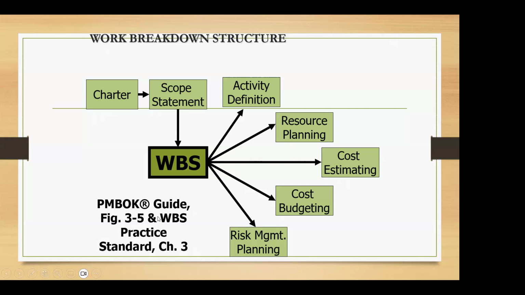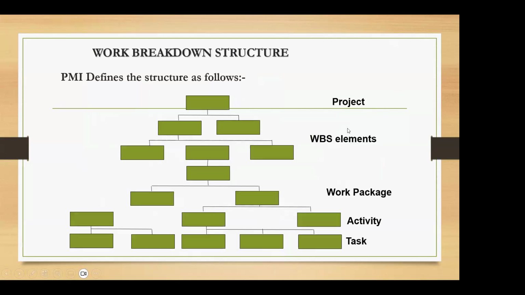So you can further refer to the project management body of knowledge guide and read more about how the WBS contributes. So in PMI, they have defined the structure as follows. At the very beginning, you have the project at the top, and these other elements that follow are called WBS elements.